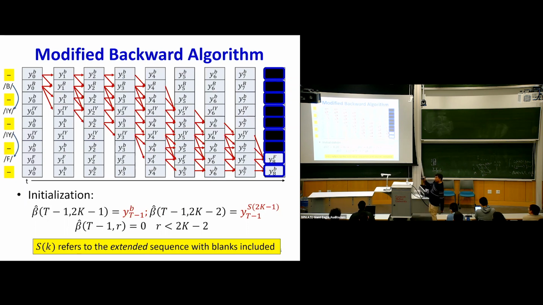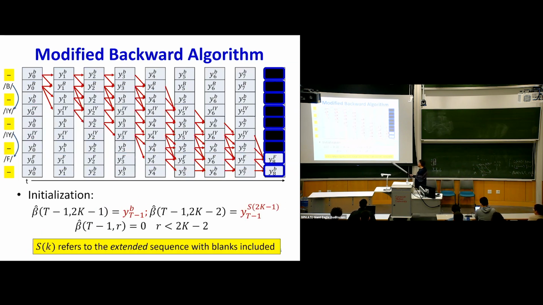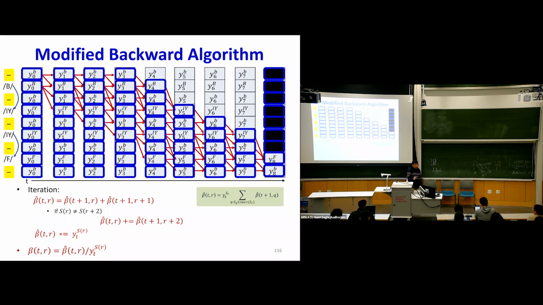Similarly, when I'm going backwards, I'm going to have zeros for everything except the final 2 nodes to compute my beta hat. And then when I take my step back, for every single node, I'm going to sum over all the beta hats over all the children, and then multiply in the node probability. Except that some nodes will have 2 children, some nodes will have 3 children, right?